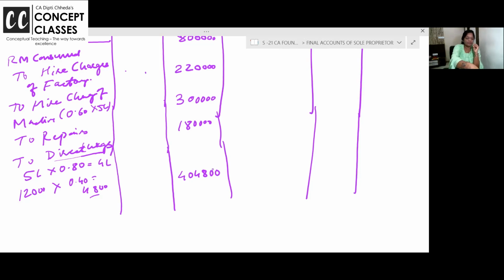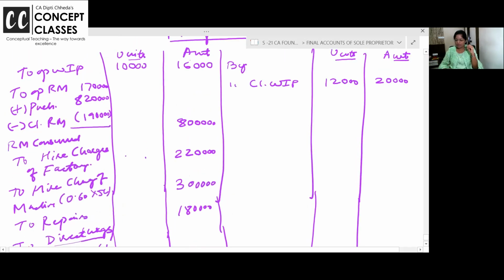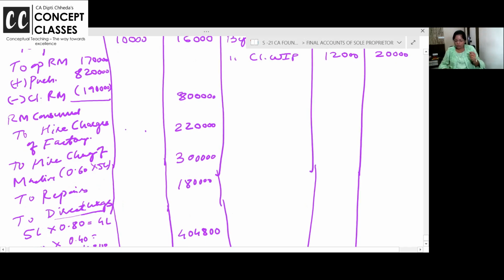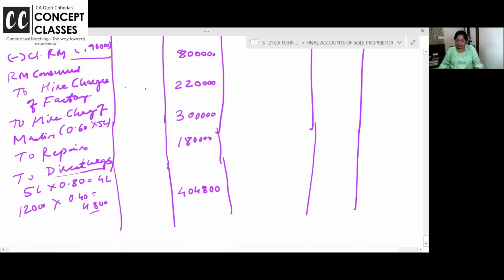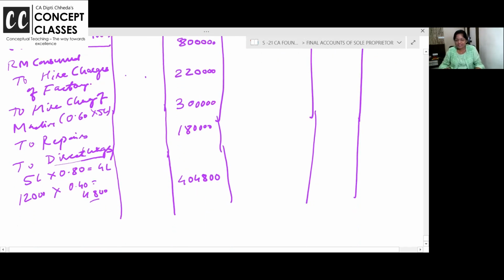Opening work in progress is there, raw material consumed is there, hire charges are clear. For the factory, they were fixed. For the machine, this. Repairs were fixed. Direct wages. Right.